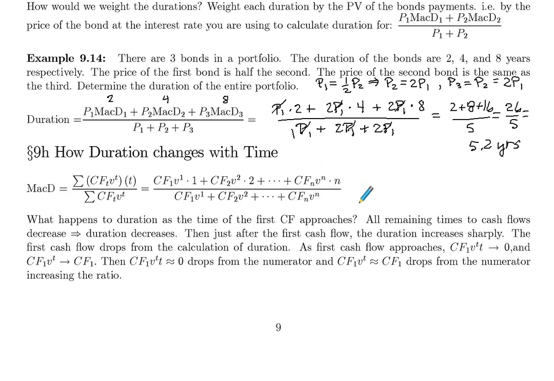So we want to ask what happens as the time of the first cash flow approaches. So you're starting at time 0 here. And then at time 1, you're going to have a cash flow. So this is going to be CF1. And I'm asking what happens to this ratio here as t approaches time 1.